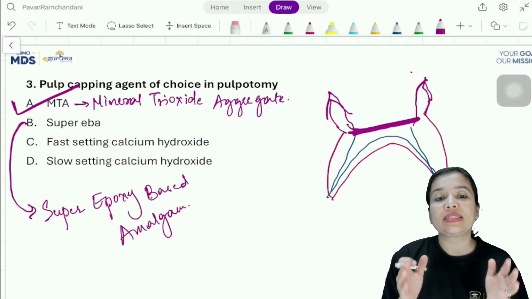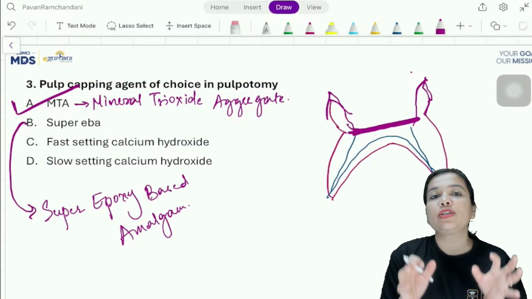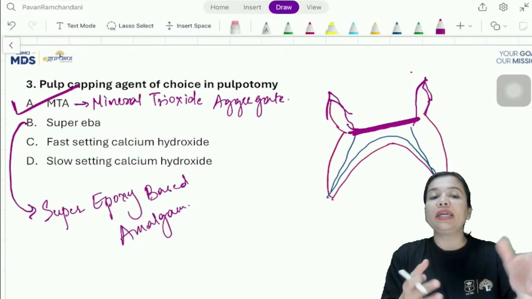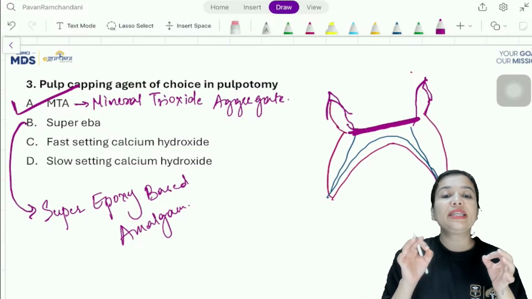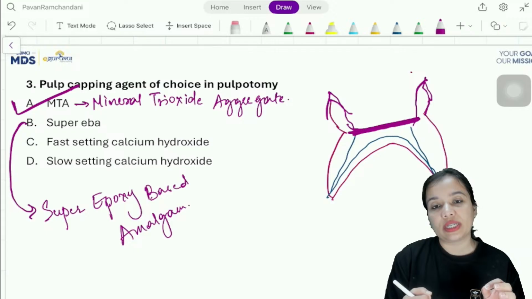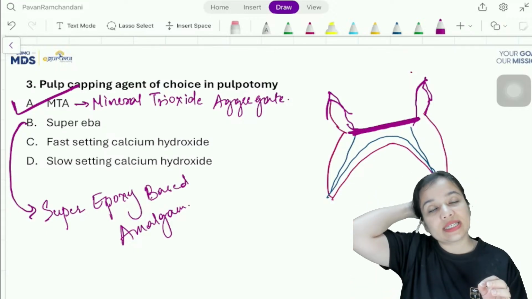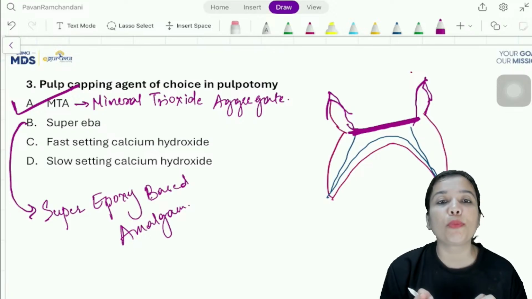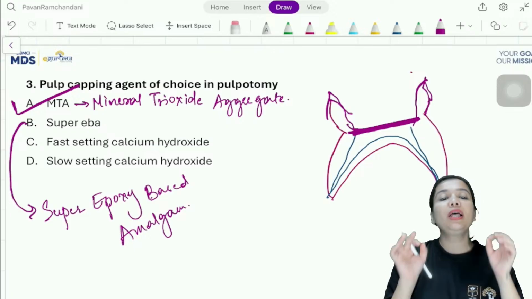Super EBA has some biocompatibility issues and does not promote dentine formation just like MTA does. While it is effective at sealing the pulp and reducing bacterial leakage, it does not stimulate hard tissue regeneration as well as MTA. Therefore, MTA is preferred for its ability to support the healing of the pulpal tissue.